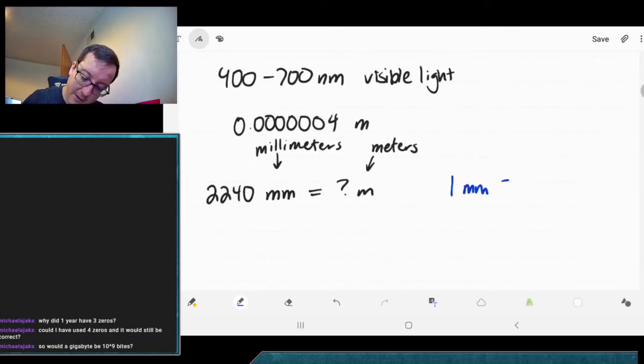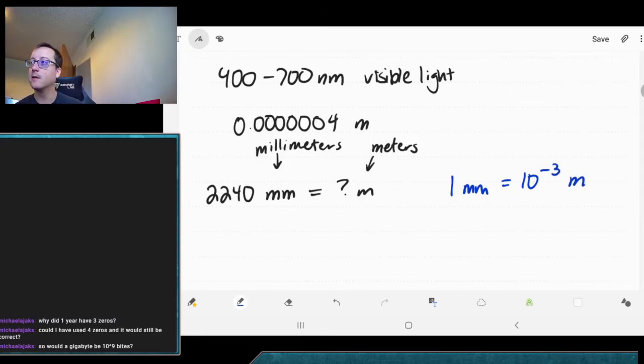So 1 millimeter is 10 to the negative 3 meters. This is, by the way, the way I'm always going to do it. I'm going to follow this chart exactly, always putting 1 prefix unit equals 10 to the whatever base unit. That's how I will always do it.